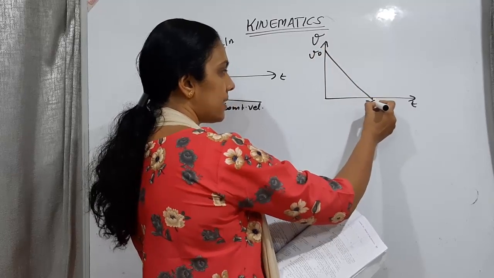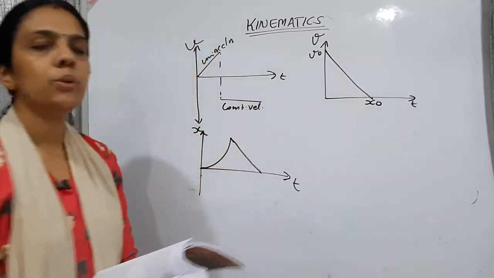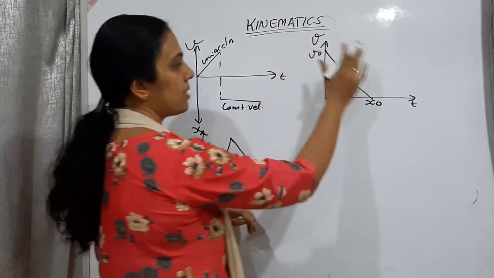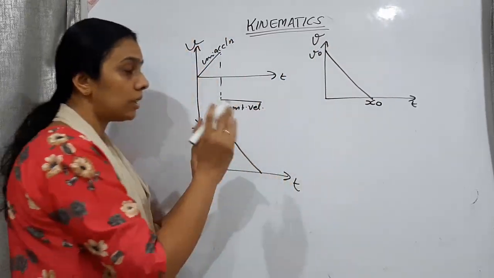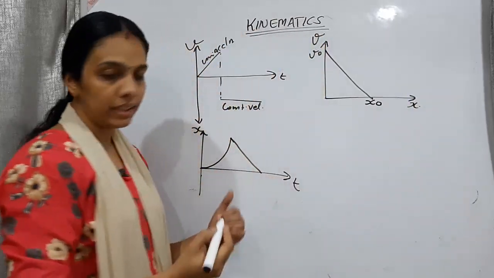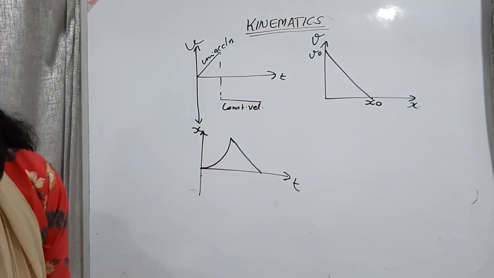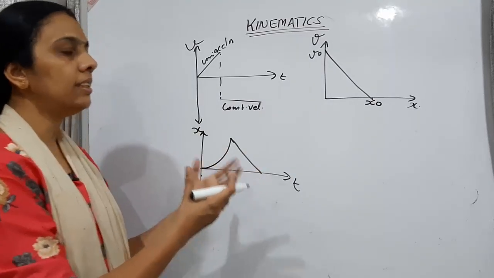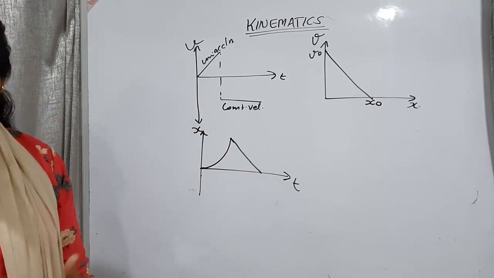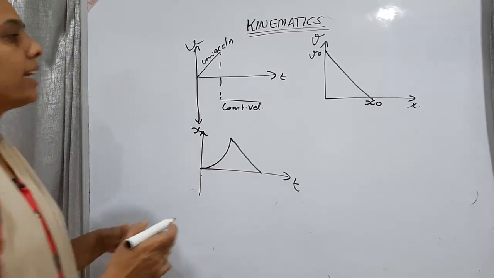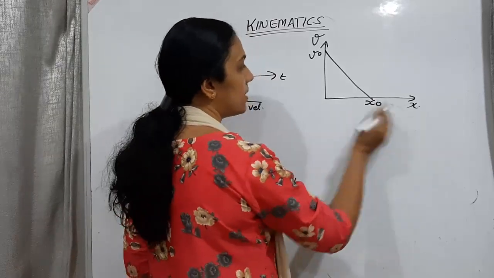This is not a velocity time graph but a velocity displacement graph, and we need to convert that into the corresponding acceleration displacement graph. How can we convert this into acceleration?